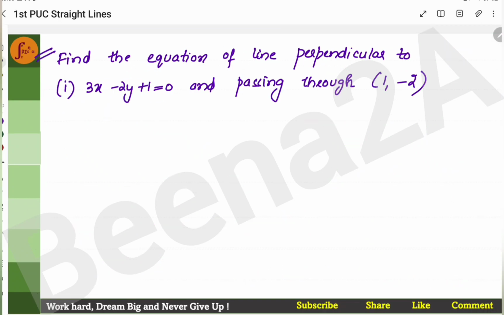Let's take another type of problem. Find the equation of a line perpendicular to a line whose equation is given, and a point is given. You don't have two lines here, but one line and one point. Now how do you find the equation of that line? Basically, this is one line and this is line 2.